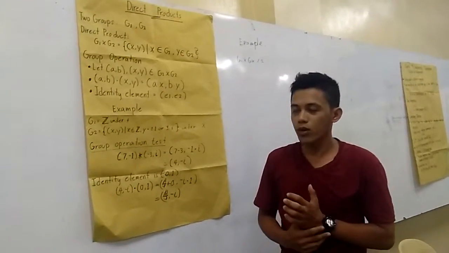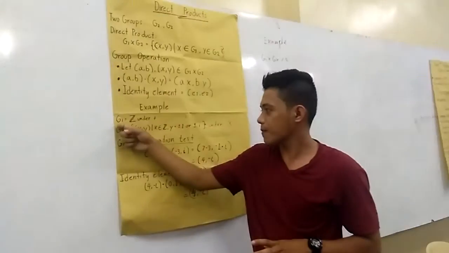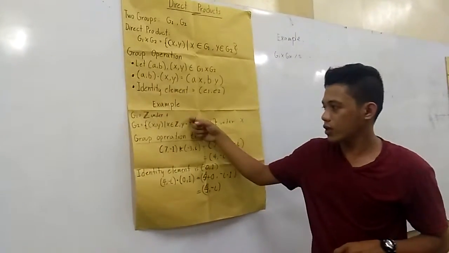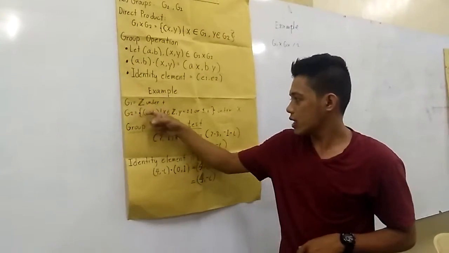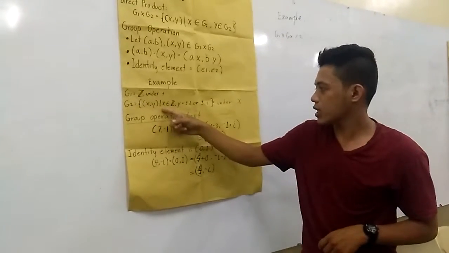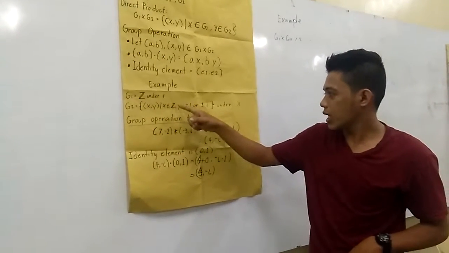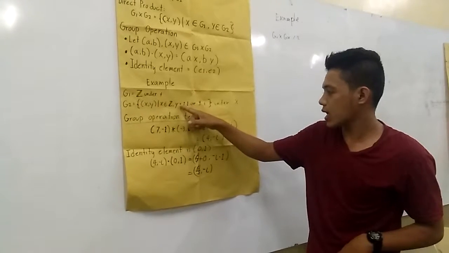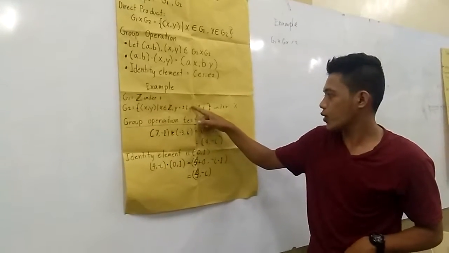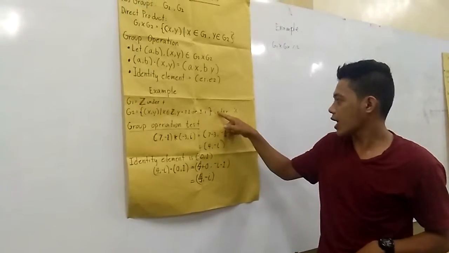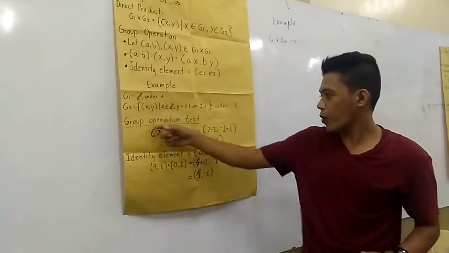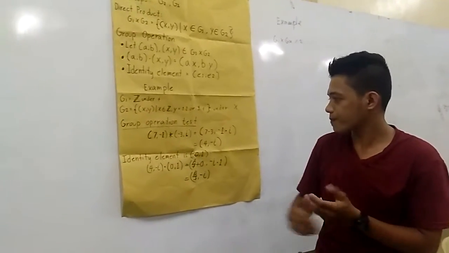For example, if G1 is the integers under addition, and G2 is the set of y such that y is equal to plus or minus 1 or plus or minus i under multiplication. So for the group operation test, this is the solution.